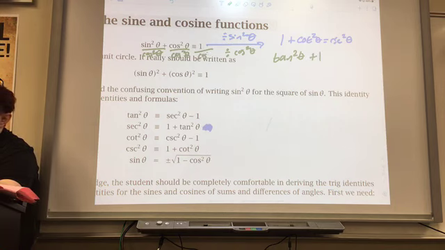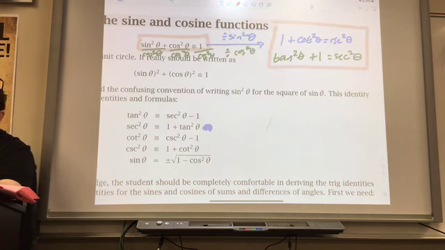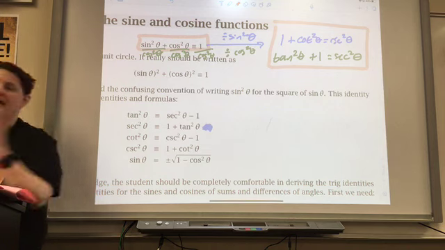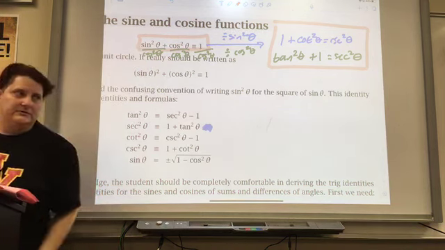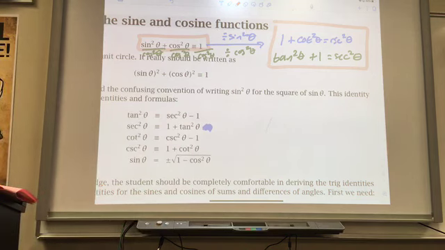Secant squared. Okay? Together, these are known as the Pythagorean identities. Do you have to memorize all three of them? Obviously not. Because if you know that one, you can just divide everything by sine squared or cosine squared to get the other ones. Make sense?